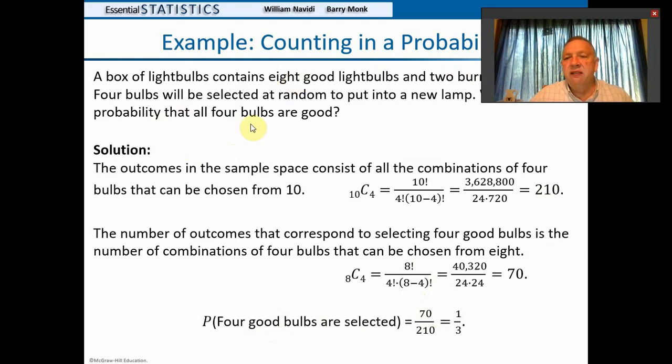How many ways can I get 4 bulbs out of these 8 good ones? That's 8 choose 4: 8 factorial over 4 factorial times 8 minus 4 factorial. That'll give me 70 different ways that all 4 of them are good. So 70 divided by 210 is 1/3.